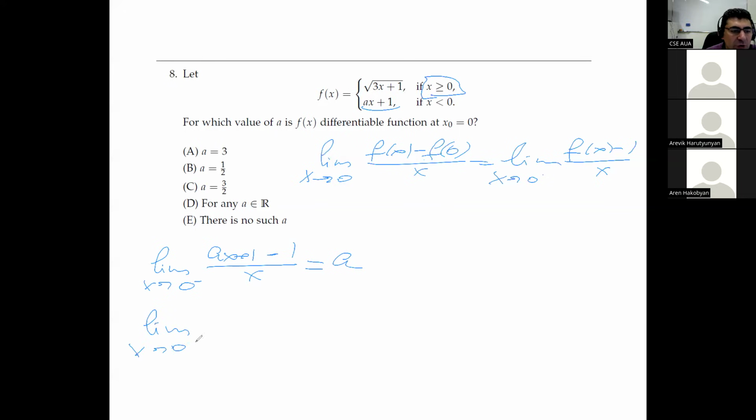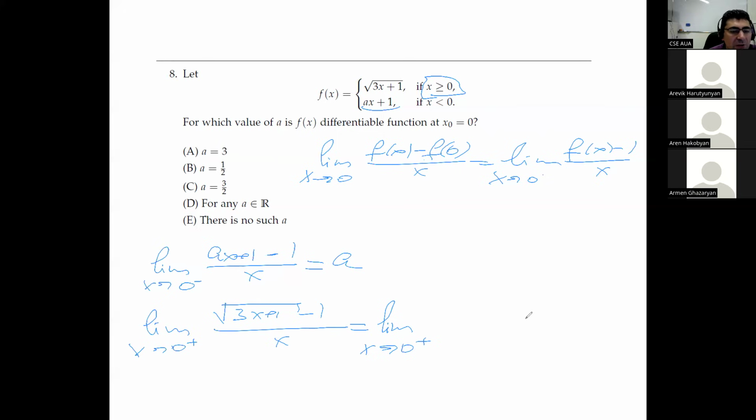When x tends to 0 from the right side, we have the root of 3x plus 1, still minus 1, divided by x. What is the limit of this expression? How can we find the limit? We can change places of 1 and 3x and then use a useful limit.